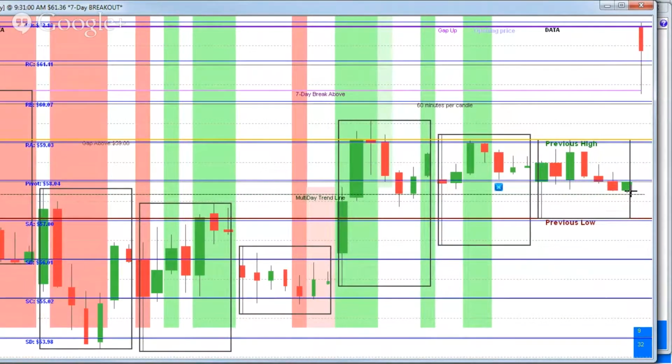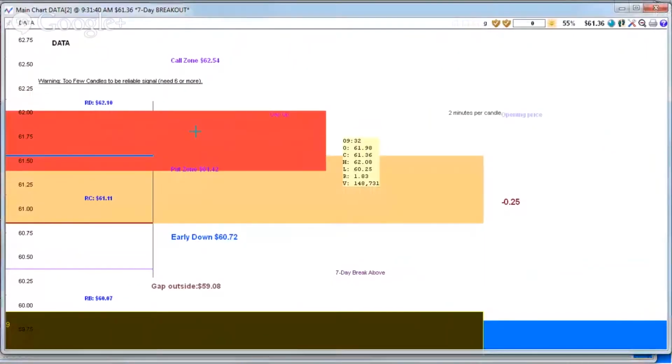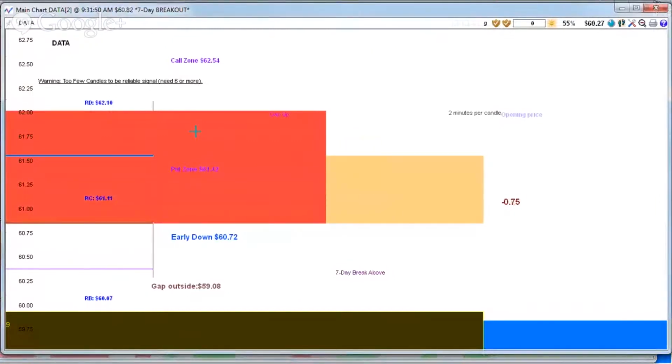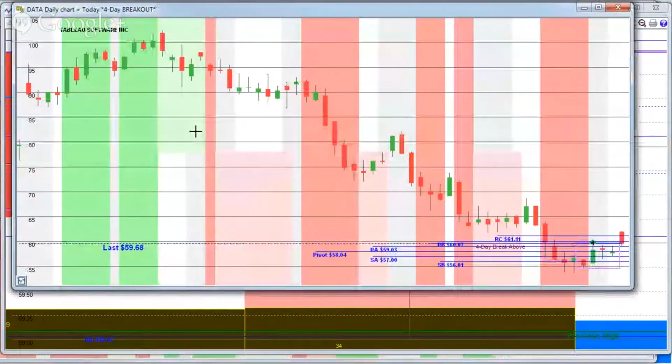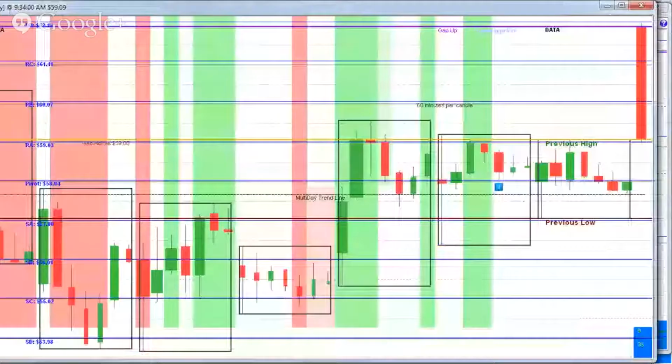So in my book, good chance that this thing eventually today will fill to the high of yesterday. And if we just go forward a little bit, it did. Within minutes, it did. See, there's the daily. I'll go look at the 60 again. See, it's already filled.